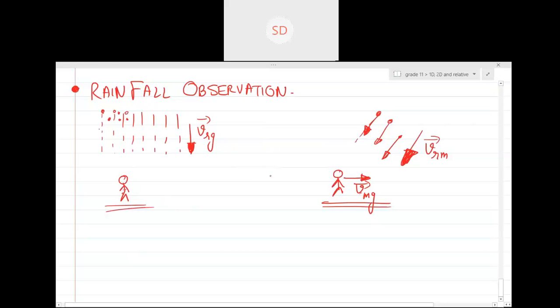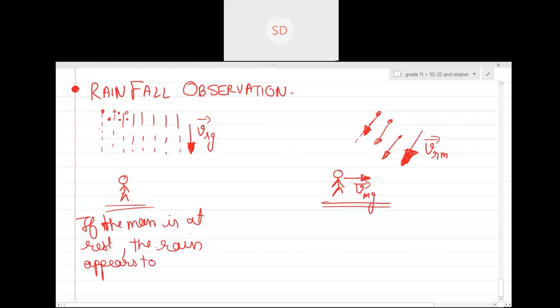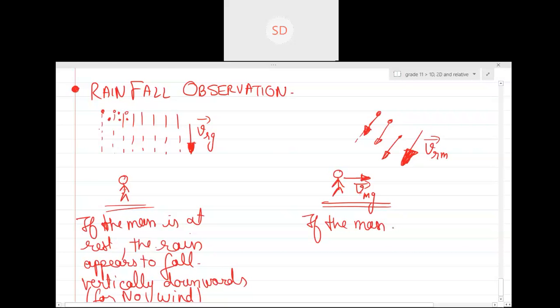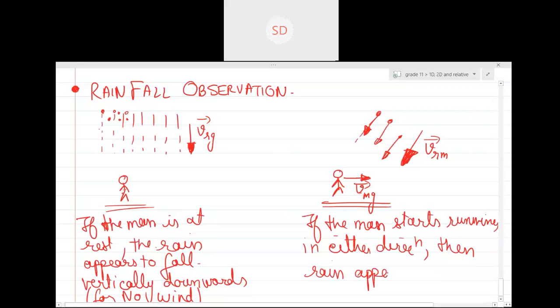So this is the thing we are going to understand. Initially, if the man is at rest, then rain appears to fall vertically down for him. If the man starts running in either direction, then rain appears to fall at a certain angle.